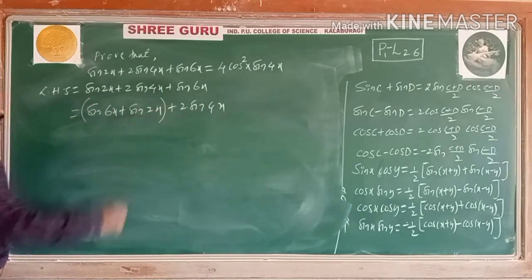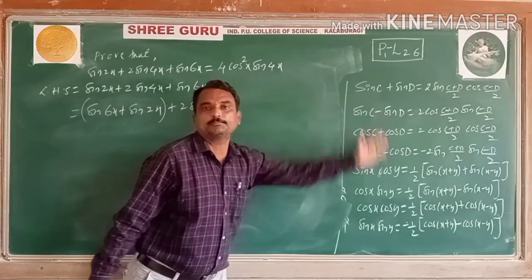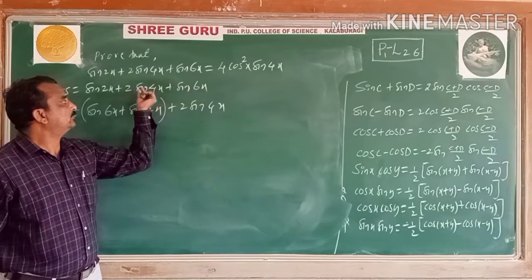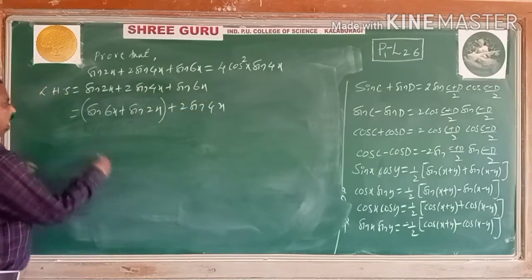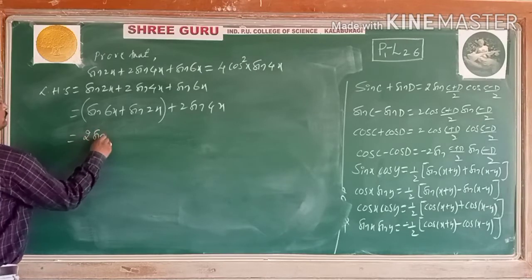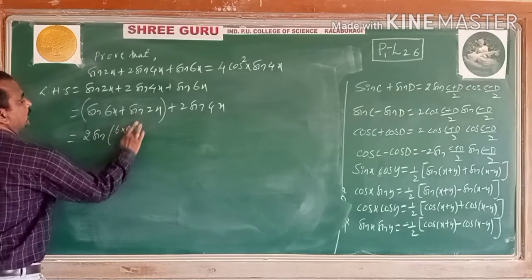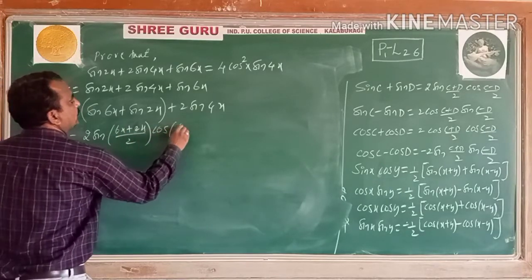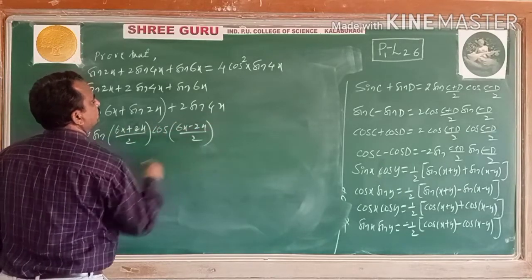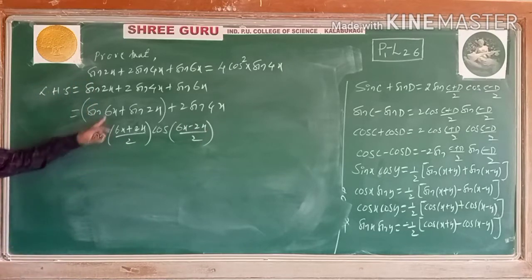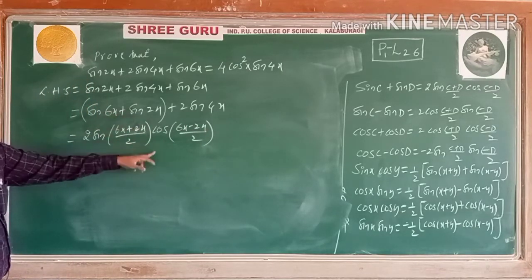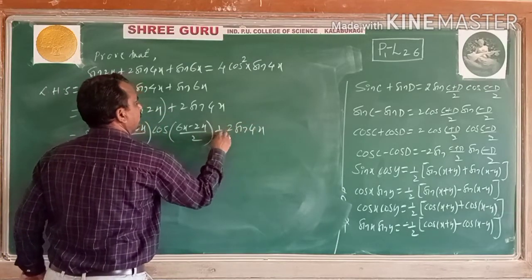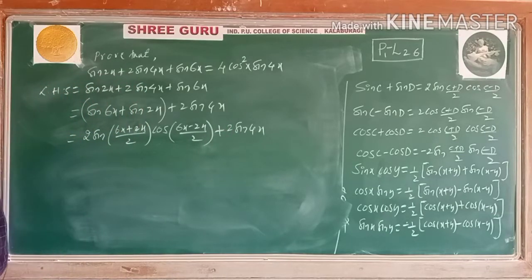Let us make these two terms into sin C plus sin D form. This is as it is, 2 times of sin 4x as it is. Apply here: first sin C plus sin D is 2 sin (C plus D) by 2 into cos (C minus D) by 2, plus 2 sin 4x as it is.